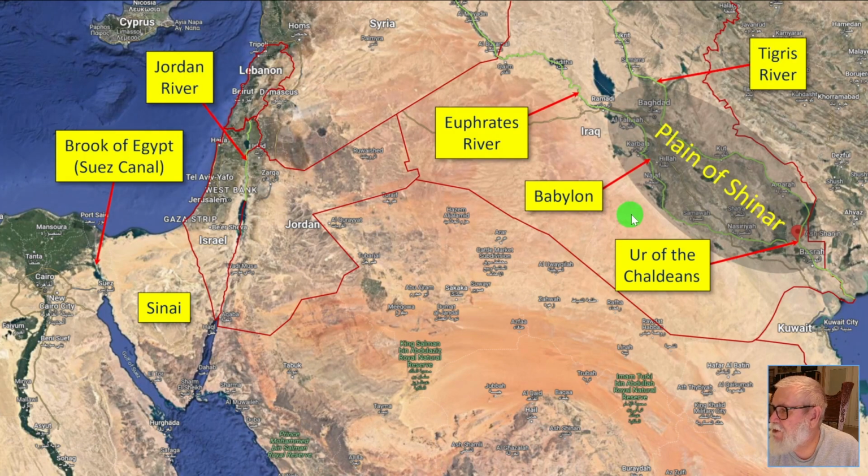So the two rivers flow together at Ur of the Chaldeans, and they form this waterway here called the Shat al-Arab, and the two joined rivers flow into the Arabian Gulf just north of the state of Kuwait. This is Kuwait right here.